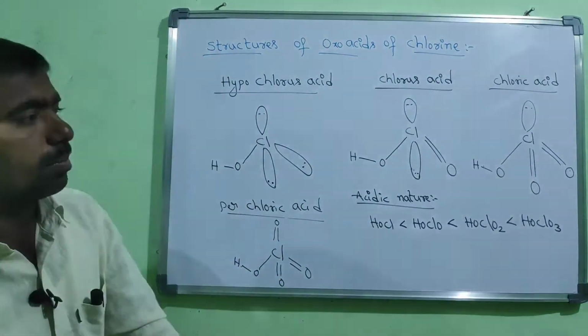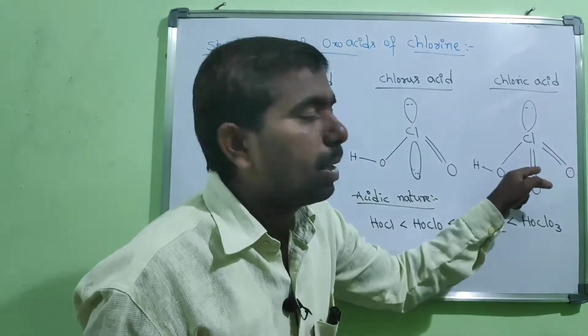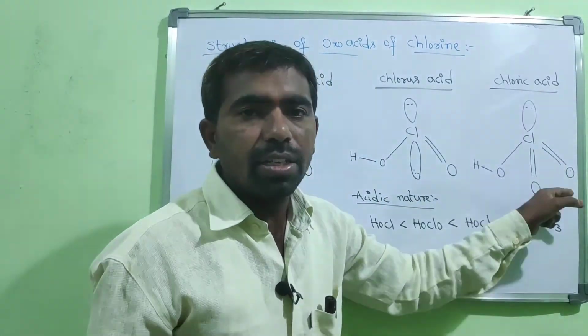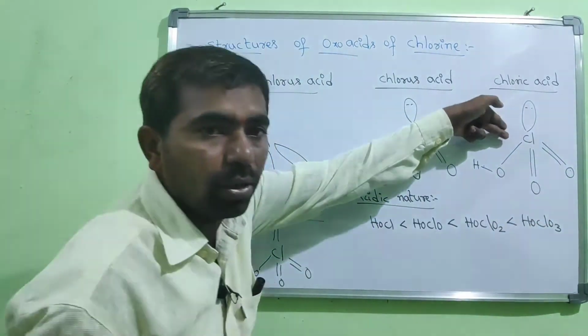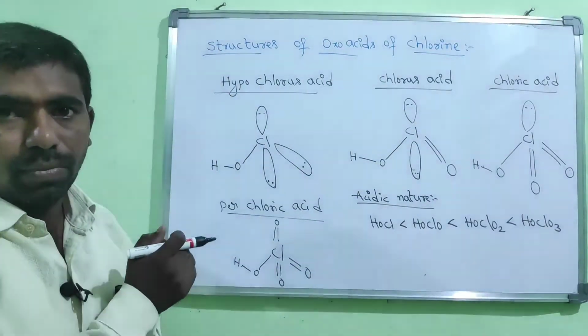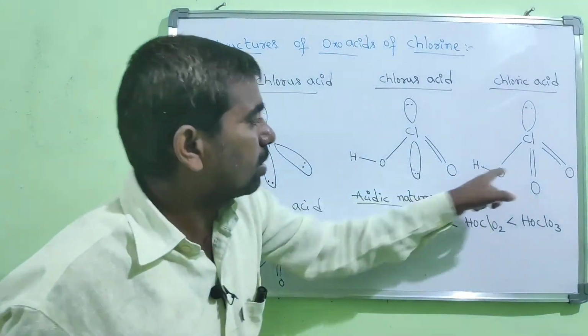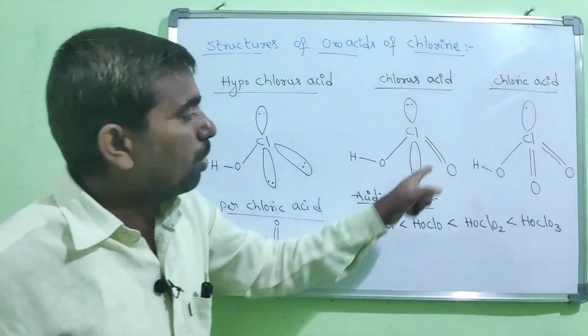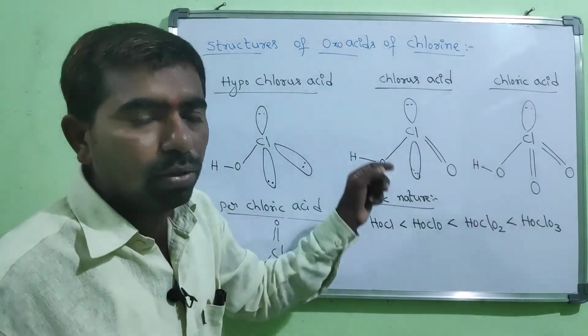Compared to this, here only 2 oxygens are bonded with double bonds, so the attracting nature is somewhat less in this molecule. Compared to this, only 1 oxygen is bonded to the chlorine with a double bond, so the bond pair attraction is somewhat less.